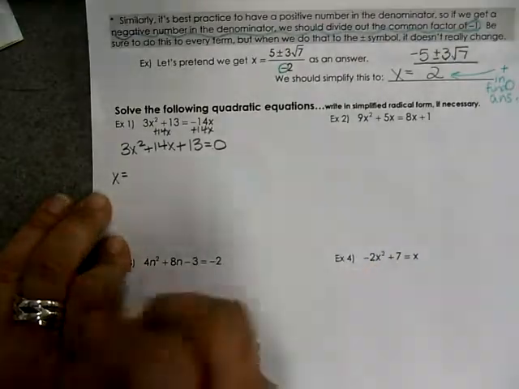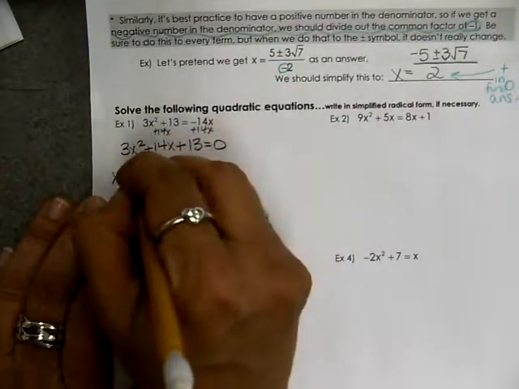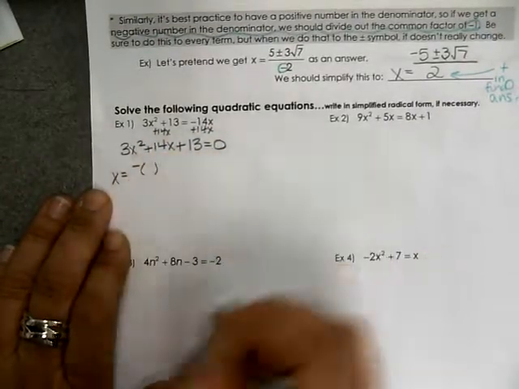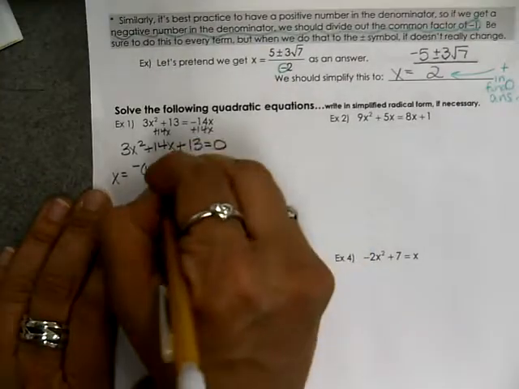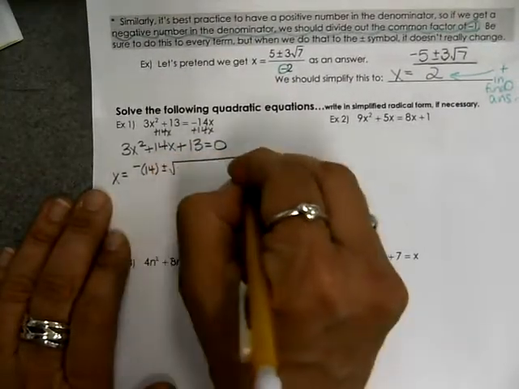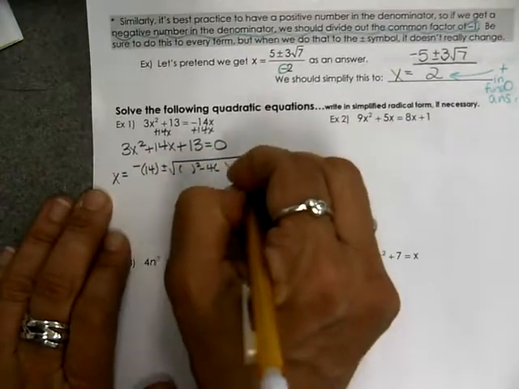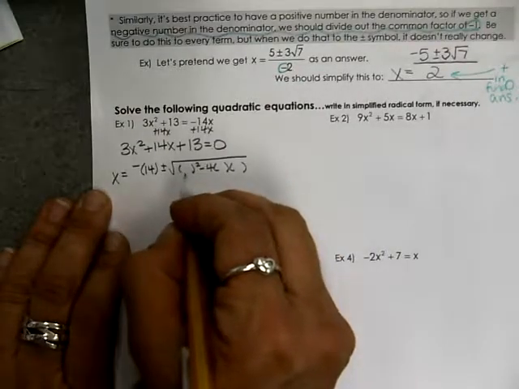Now hopefully you've got a better understanding of the quadratic formula after yesterday. So if you still need to write it out, you can. But let's try to substitute right away into the quadratic formula. The first part is -b. Well, my b is 14, so -14 plus or minus the square root of b squared minus 4ac, the discriminant that we talked about 2 days ago.